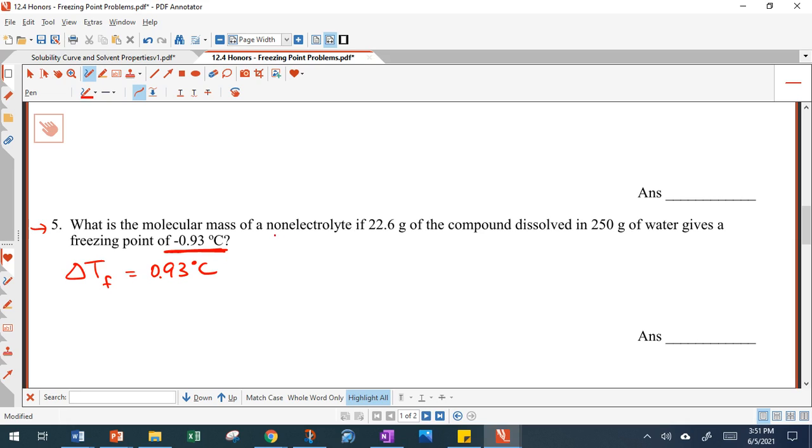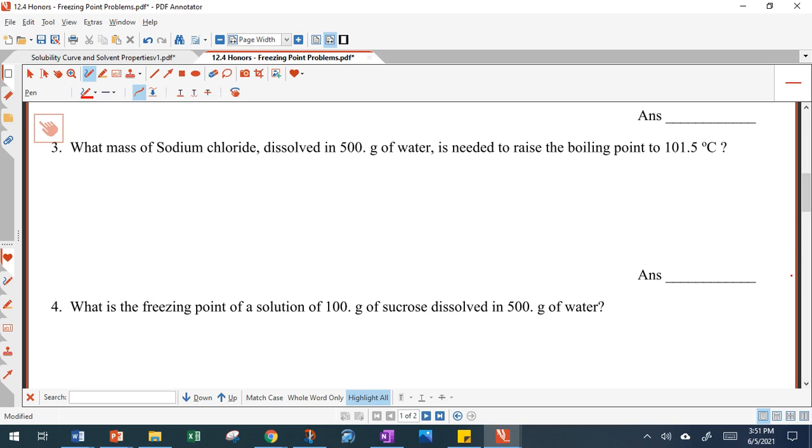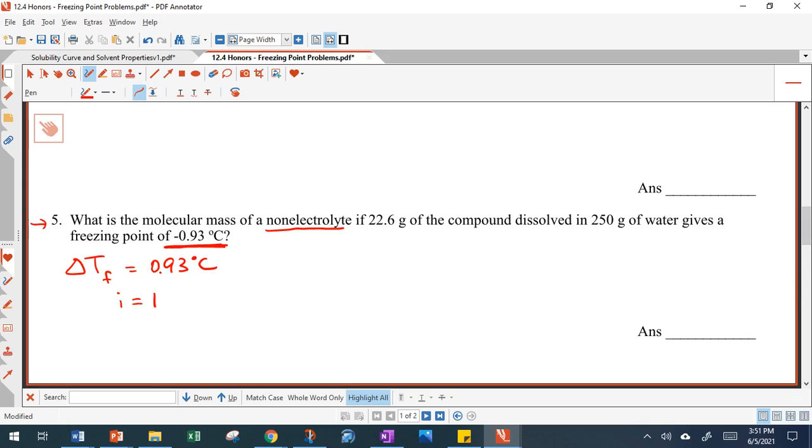We also know it's a non-electrolyte, so that means that I is equal to 1. And we know that we have water, so we have a KF. So we have on the sheet, the KF is 1.86. So KF is equal to 1.86 degrees C kilograms over mole.